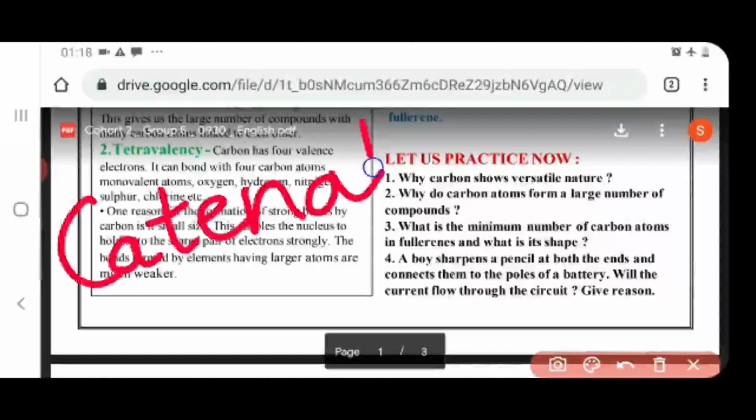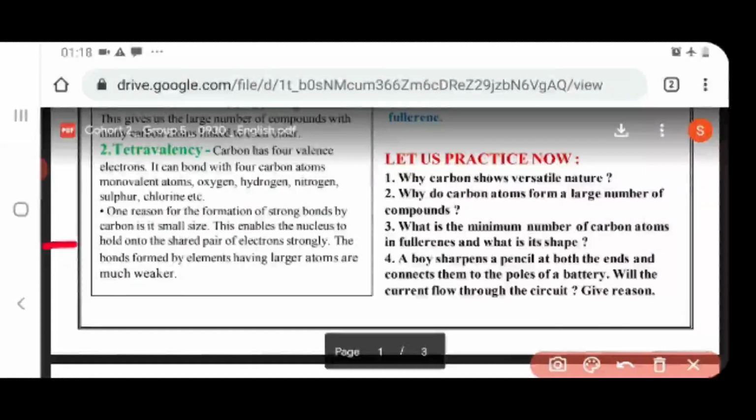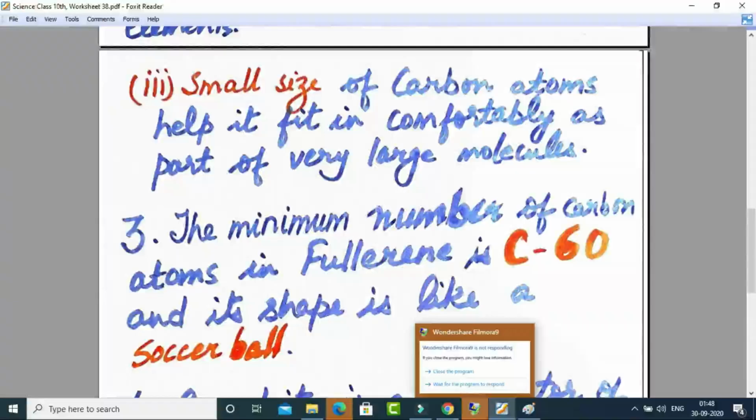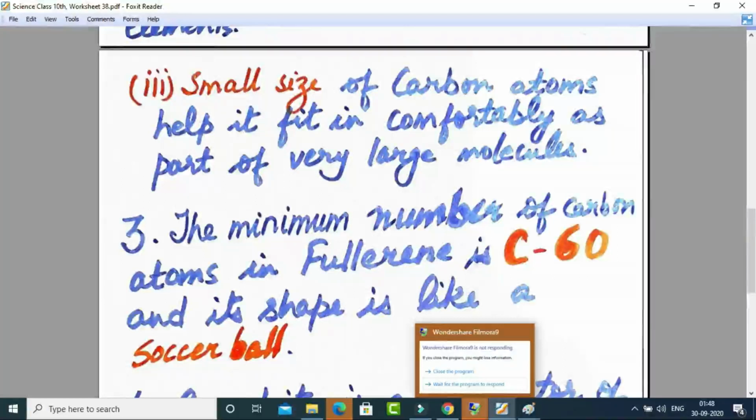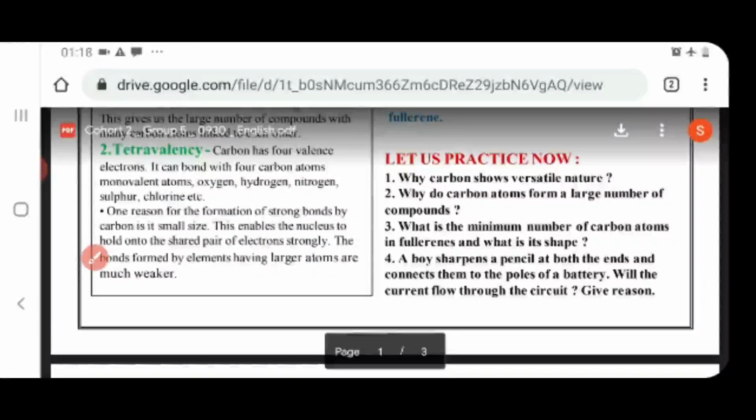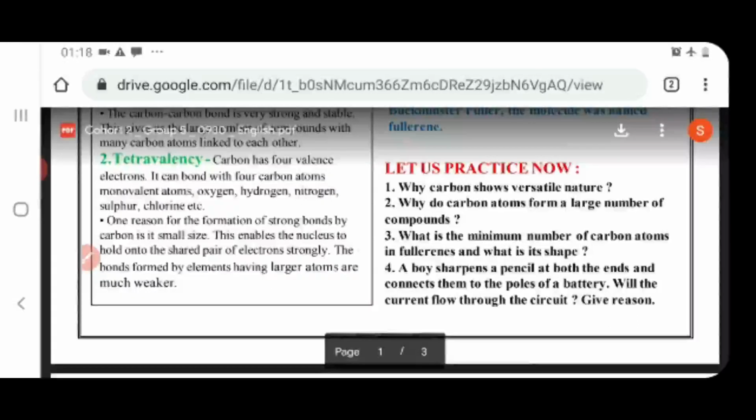Question 3. What is the minimum number of carbon atoms in fullerenes and what is its shape? The minimum number of carbon atoms in fullerene will be 60, and the shape will be like a football, or you can say a soccer ball. Now the fourth question: a boy sharpens a pencil at both ends and connects them to the poles of a battery.